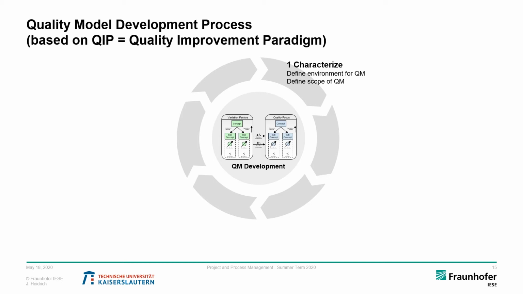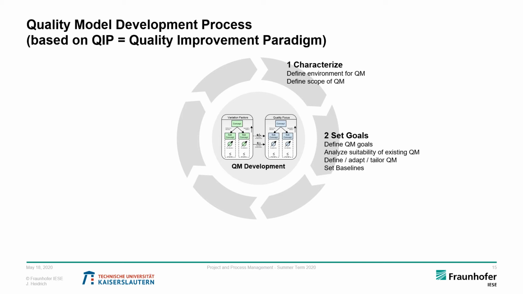So as soon as the environment and focus, the scope of the model, is defined, we can define the quality modeling goals and then search for an appropriate existing quality model. So we do not have to start from scratch. We can start defining our quality model based on an existing model, such as the ISO 25010.